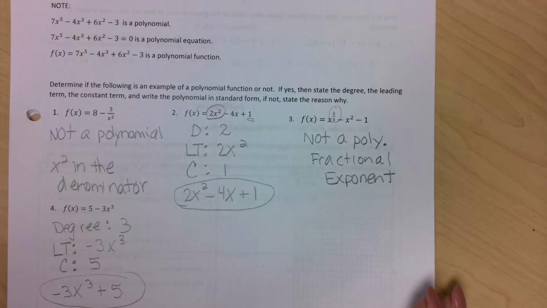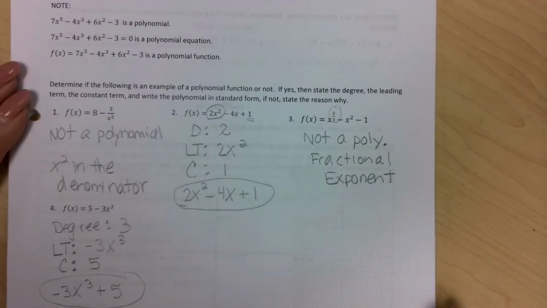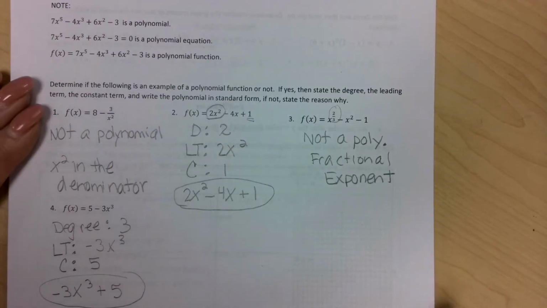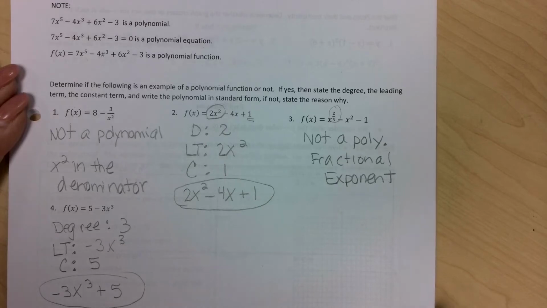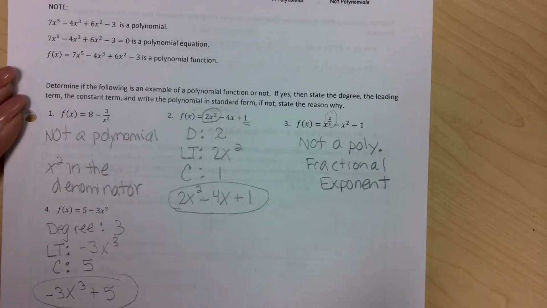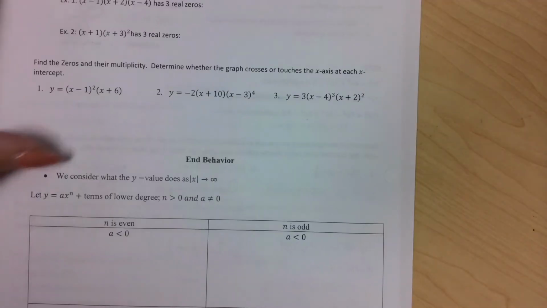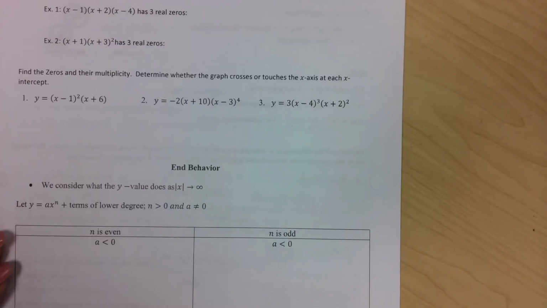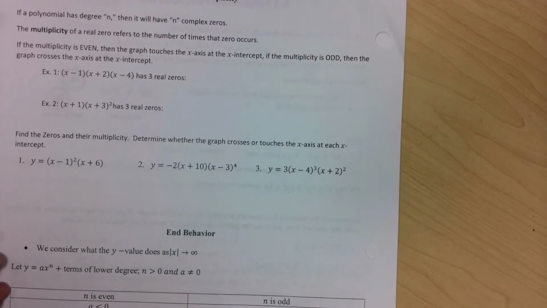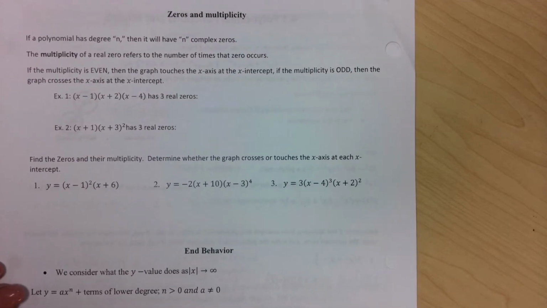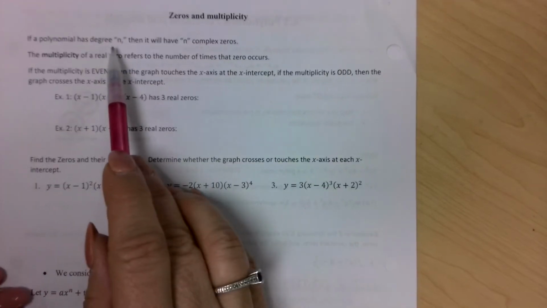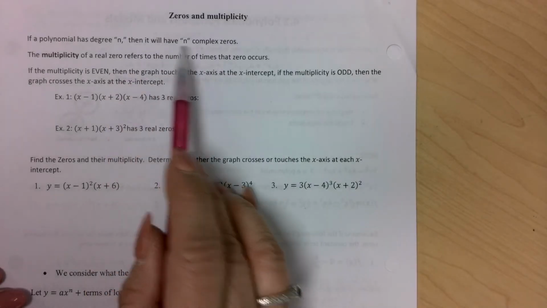So again, the first thing you need to make sure you know how to do is recognize whether it's a polynomial, find that leading term, and find the constant, because that's going to tell us important information later. So let's look at some of this important information on the back. If a polynomial has a degree n, then it has that many zeros.